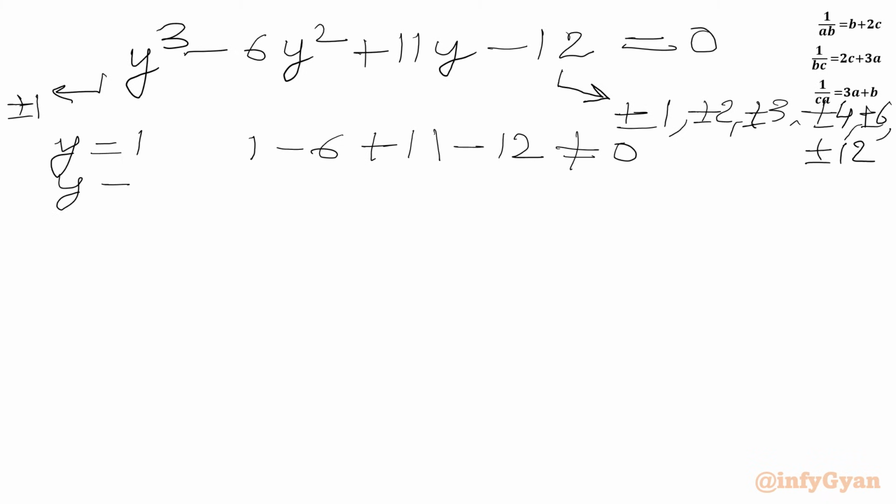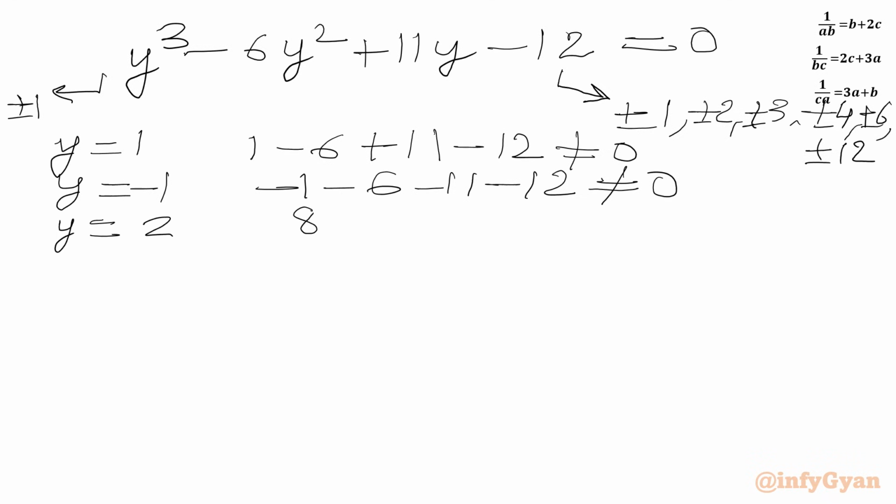Y equal to minus 1. Will it satisfy? Minus 1, minus 6, minus 11, minus 12. All numbers are negative, so there won't be any real negative root. So I will write here not equal to 0. If I check next positive y value, y equal to 2: 8 minus 6 times 4, 24, plus 11 times 2, 22, minus 12.